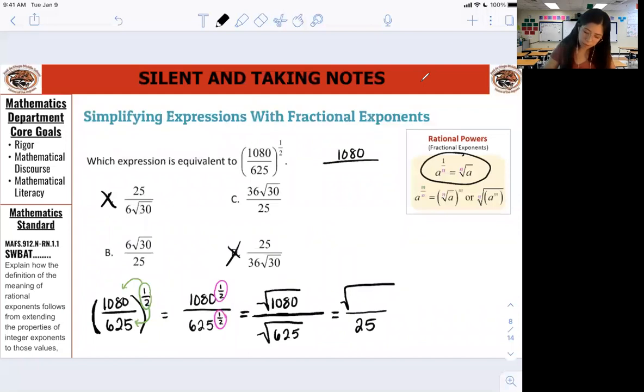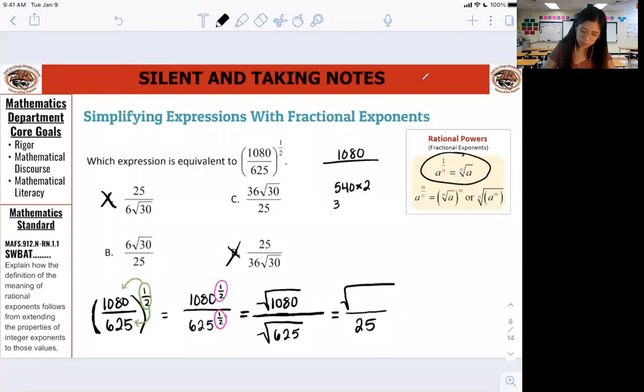Good. And keep breaking that down. See if there's anything further. 360 times 3.